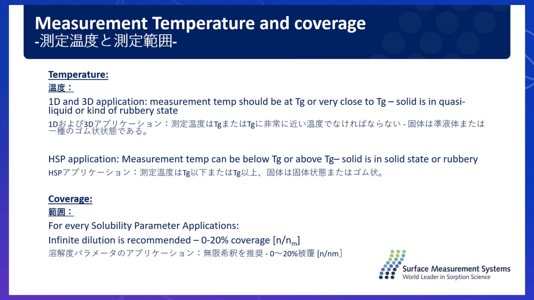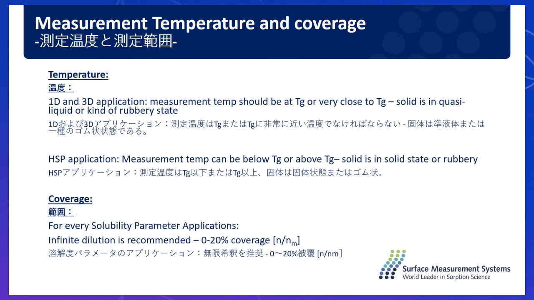Measurement temperature and the coverages vary between these different solubility parameter methods. For the 1D and the 3D, so the Hildebrand and the Hansen application, you have to measure the different vapors on the surface at the glass transition temperature or close to the glass transition temperature.